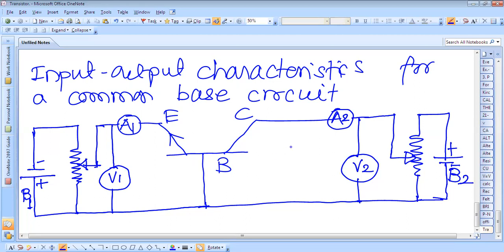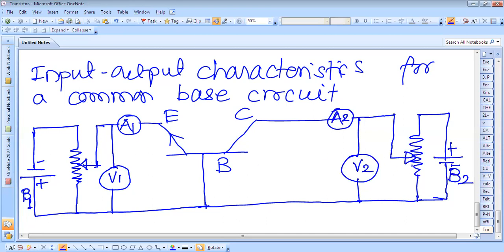For the NPN transistor used in a common base circuit, the procedure is to maintain the value of the emitter current. How can we maintain this? Even if there are slight changes in this current, we can vary this rheostat and keep this current constant.